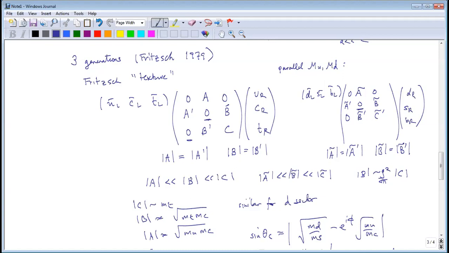Other things you can do is give up the parallel structures of the MU and MD. Okay, and people have explored all sorts of things, but as I'll get to in a minute, now that there's such a precision test of all the different CKM entries and the precise balances that you have to have, what it turns out is that you start having to reduce your number of these zeros, okay?